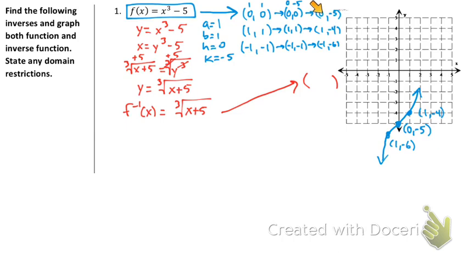Instead of x being 0, it becomes y. Instead of y being negative 5, it becomes x. So this guy is now negative 5, 0. We do that for the next point. This is going to be negative 4, 1. And last is going to be negative 6, 1.